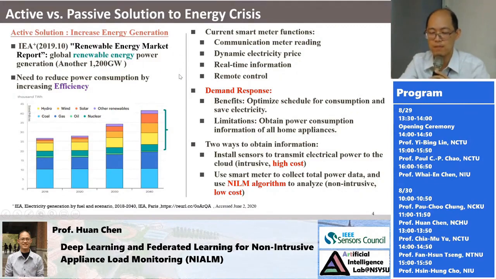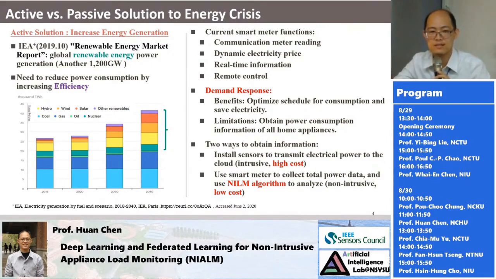So this is a big amount. Many countries are trying to generate more and more power, focusing more on renewable energy. And this report also mentioned that we need to reduce power consumption by increasing efficiency, otherwise we still have an energy crisis.